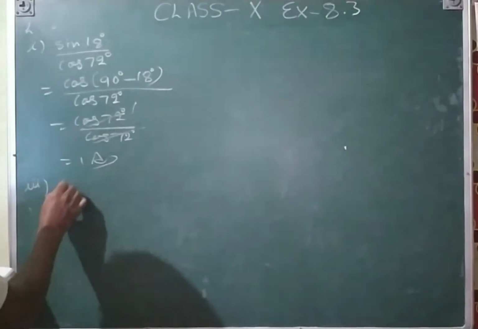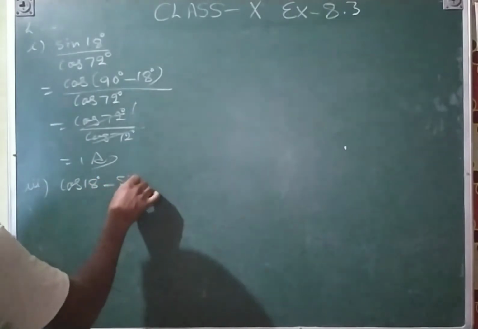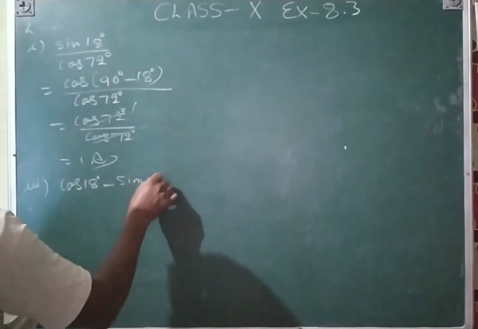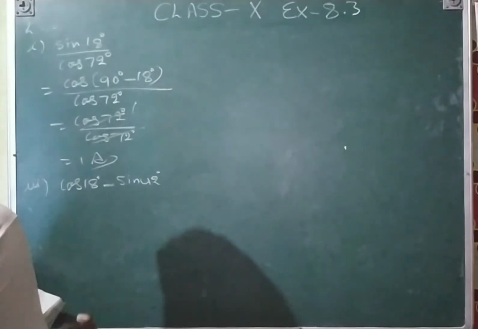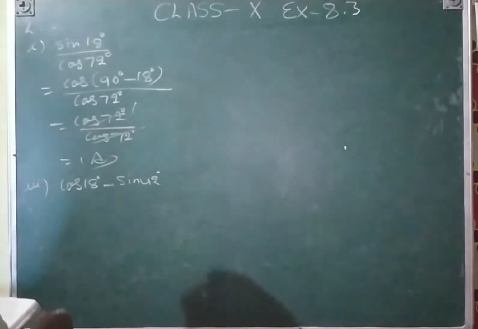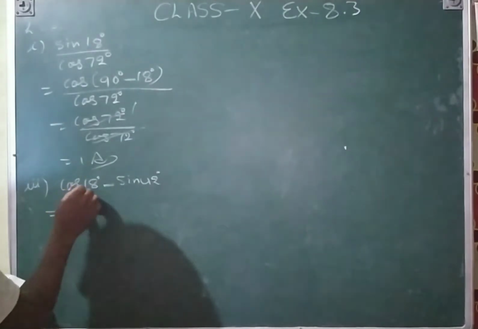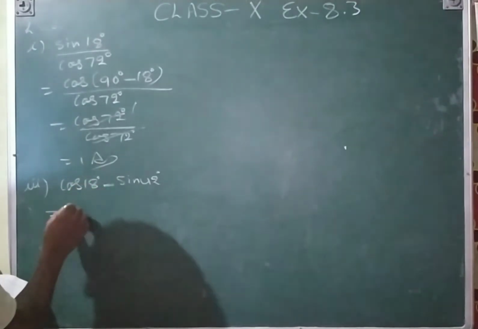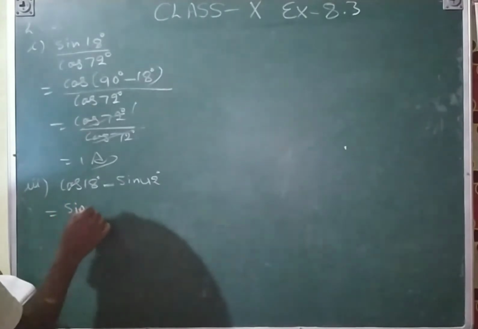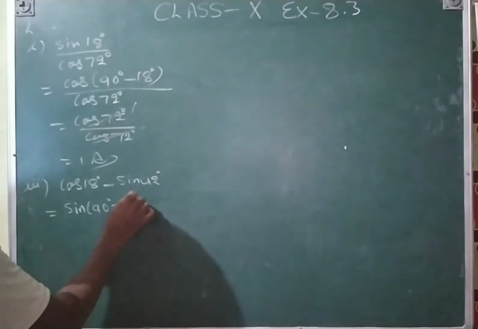And then the third part, cos 18 degree minus sine 42 degree. We can change either one. Sine can be changed, or cos can be changed. So cos A is equal to sine (90 minus A).